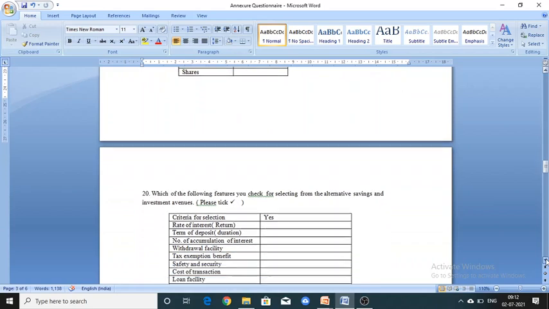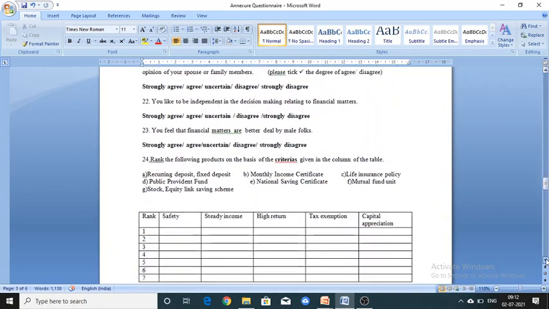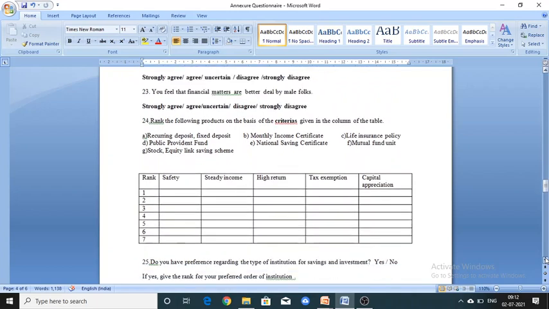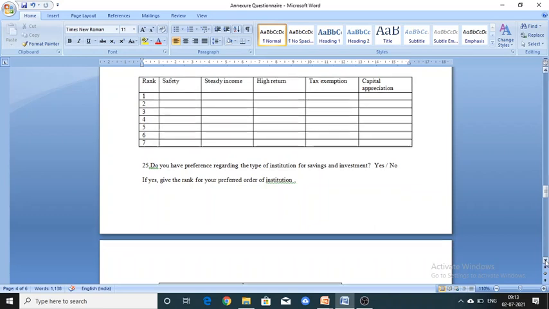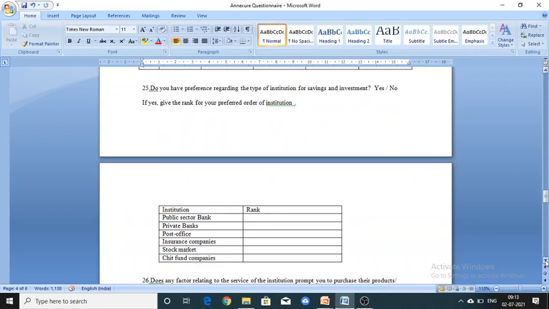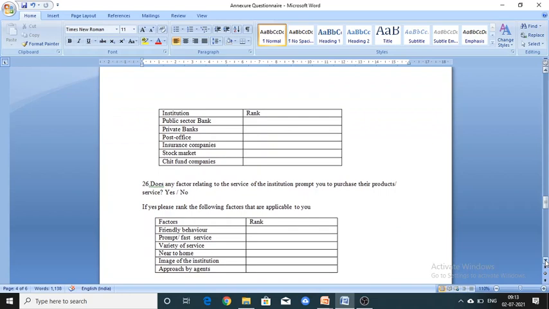So these are the things I have discussed relating to the questionnaire. I have covered discussion on close-ended items, open-ended items, then close-ended dichotomous items, close-ended multiple response items, close-ended scale items, then filter questions also I have shown you, then how to give instructions in the questionnaire I have shown you, and what type of things, like double-barrel questions, are to be avoided.